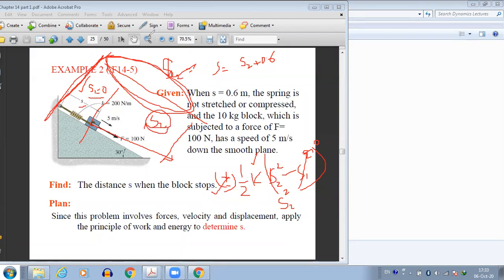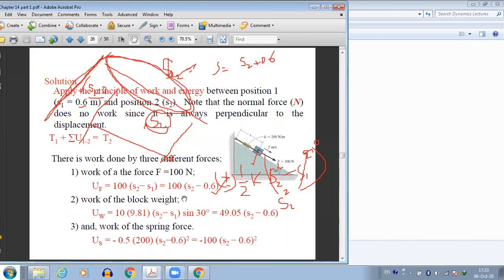Now in the solution, when they say S2, they mean the total length. That's the difference. So you have to first figure out what you are referring to as S and what you are referring to as S2.